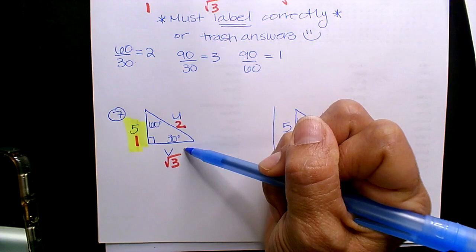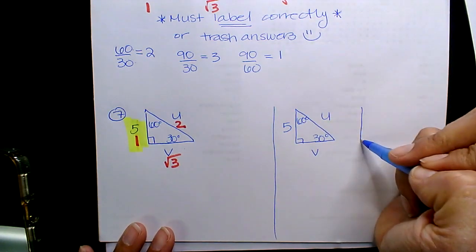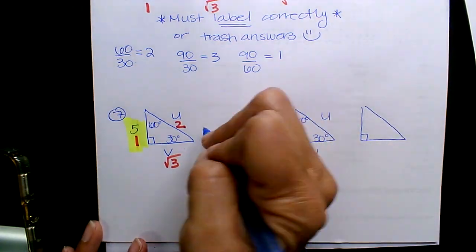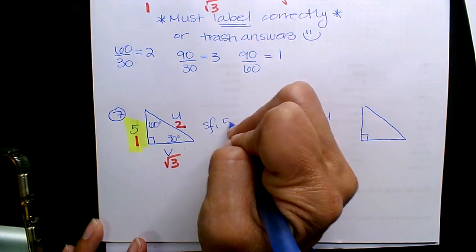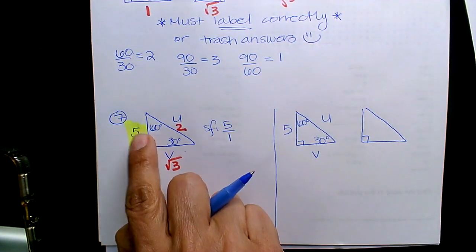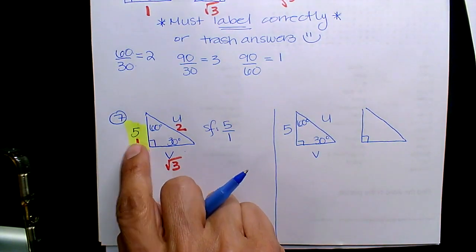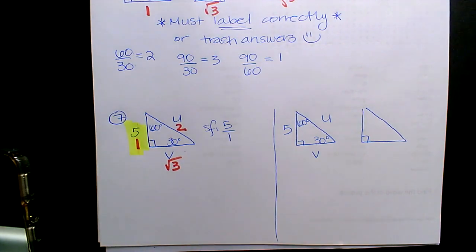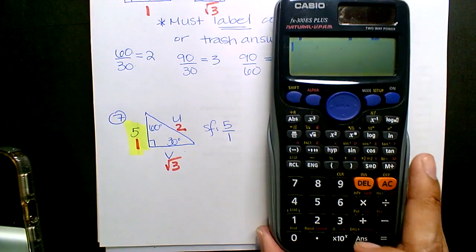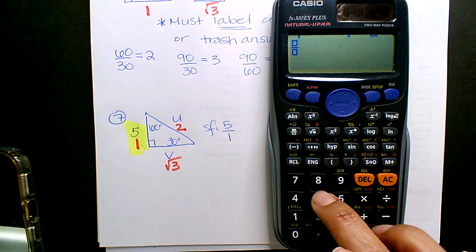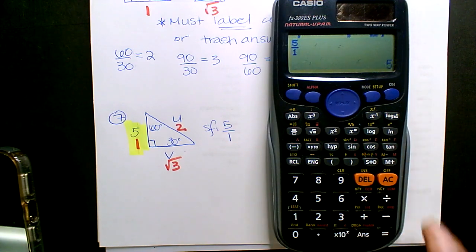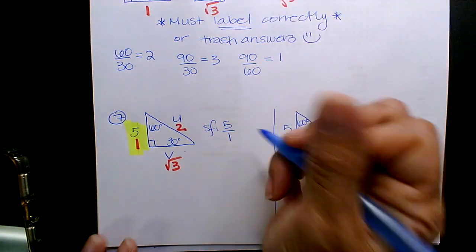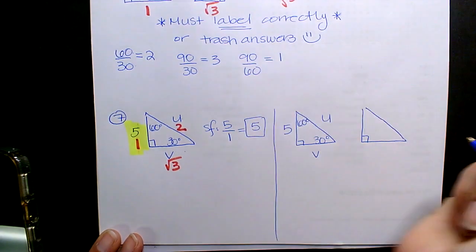This is a V, I have to solve for it, right? So our scale factor is a division. To find the scale factor, you always divide. So what is 5? Just to be extra, I'm still going to put it in the calculator. What's 5 over 1? 5.